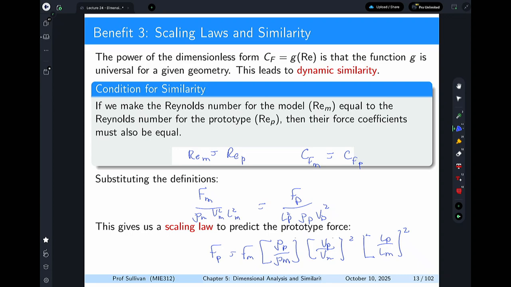So, for example, if you're working for Boeing, Airbus, Bombardier, you're going to be operating in a field with very high prototype and very low model velocity. And the length of the prototype and the length of the model are also going to be significantly different, at least on the order of 10.